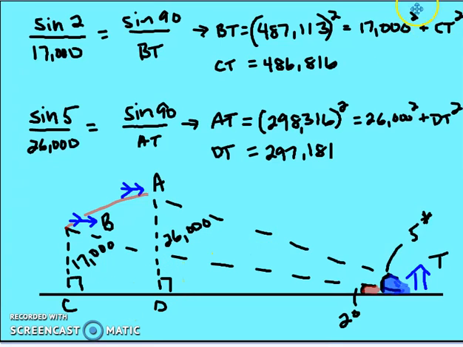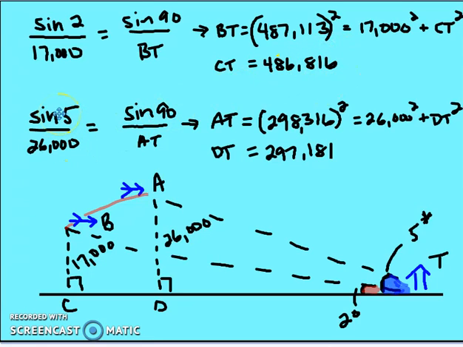So, I'm sorry, BT ends up being 487,113 feet. And we're going to use the Pythagorean theorem to solve for CT, which ends up being 487,000 approximately.